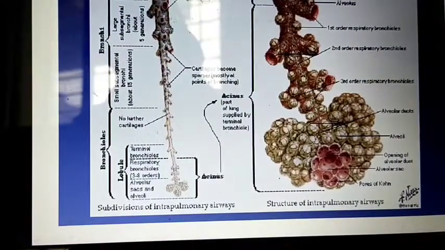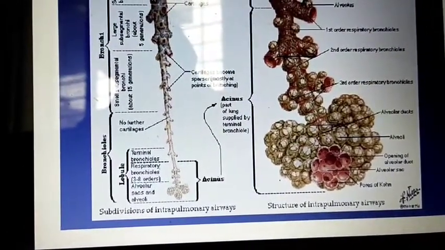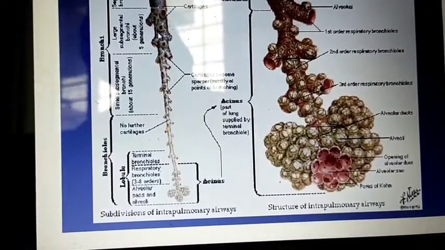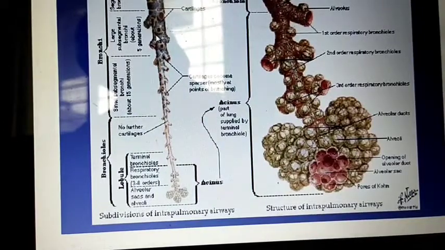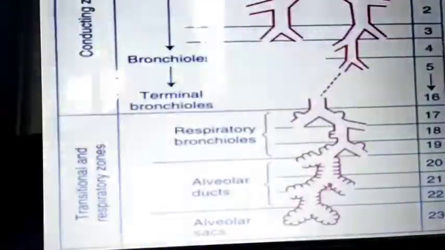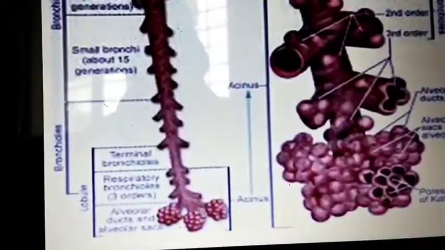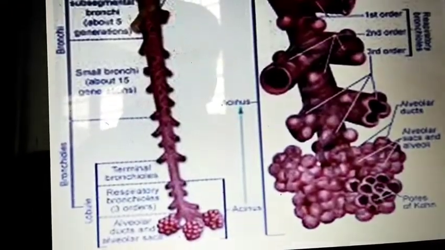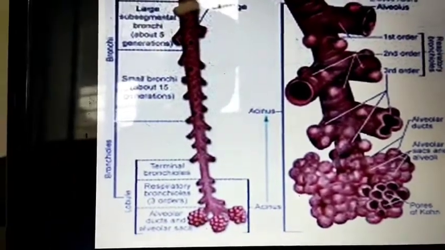This is a segmental bronchus. The segmental bronchus is further divided into large segmental bronchi, and the large segmental bronchi are further divided into small subsegmental bronchi. Like that, there are branches.